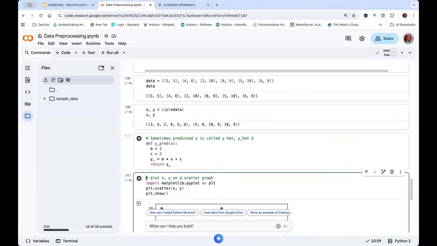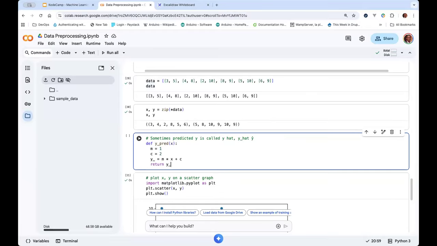Remember, one thing that most people don't realize when you are creating a neural network, or in fact any model, I go to neural network because that's my reference, but with any model, you always start with a random value for the parameters. In this case, we have two parameters, the M, which is the gradient, or slope, and C, which is a constant. And I just started with any value here, 1 and 2.